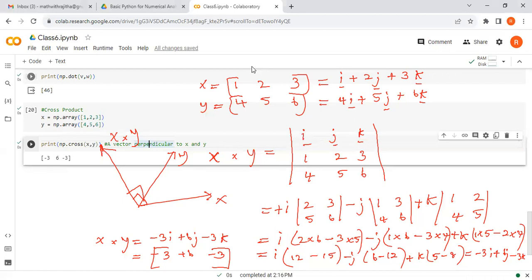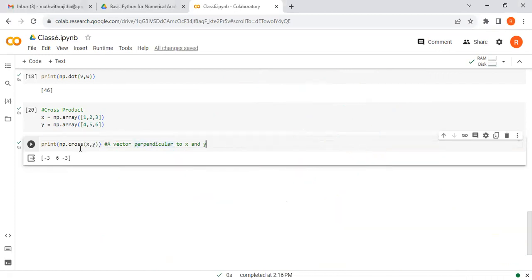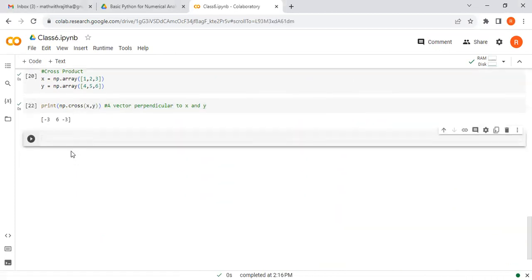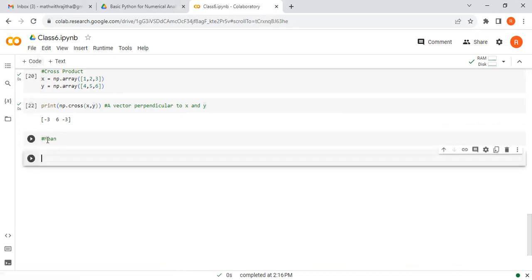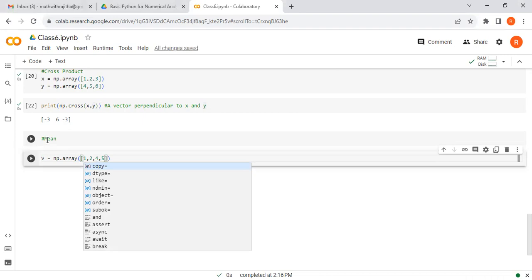Next is mean. Let me say my vector is v equals np.array. Let me take my vector 1, 2, 4, 5. It doesn't necessarily have to be 1, 2, 4, 5.